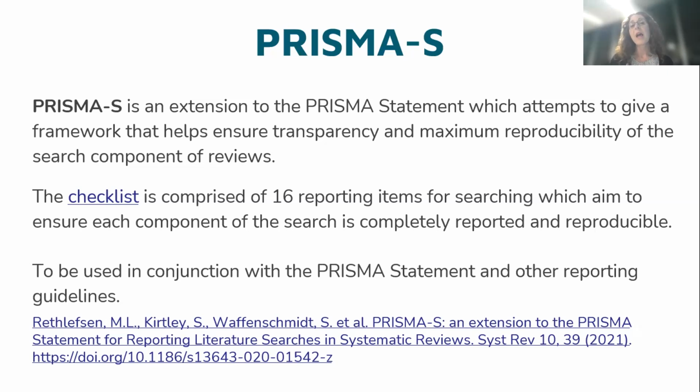So to try and ensure more consistent reporting of searches, PRISMA-S is a framework which helps to ensure transparency and the maximum reproducibility of the search component of reviews. It is a checklist comprised of 16 reporting items for searching, which aim to ensure each component of the search is completely reported and reproducible. So you'd use it in conjunction with the PRISMA statement and other reporting guidelines.